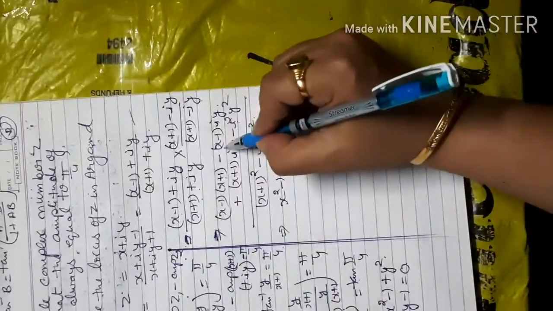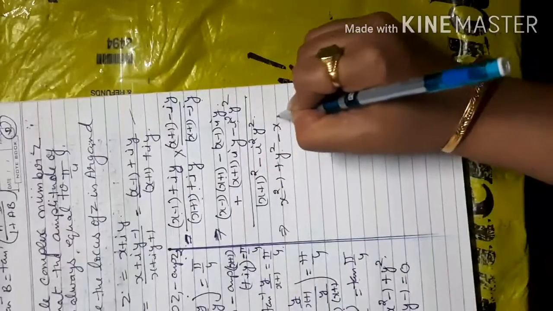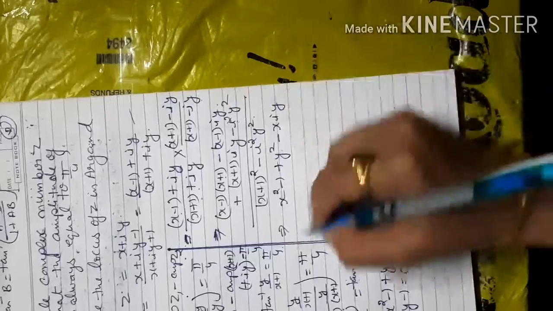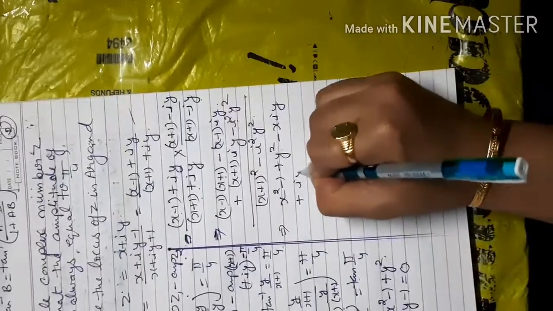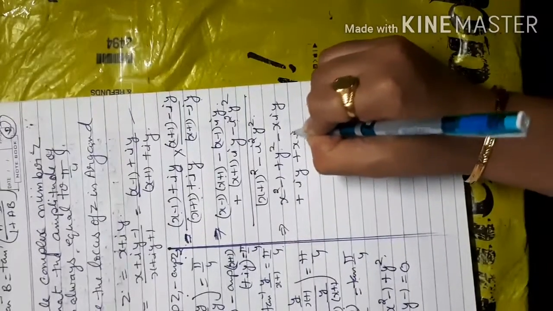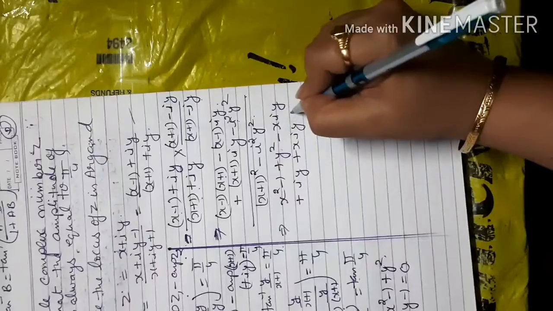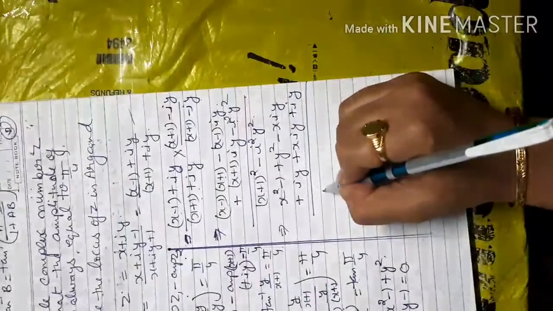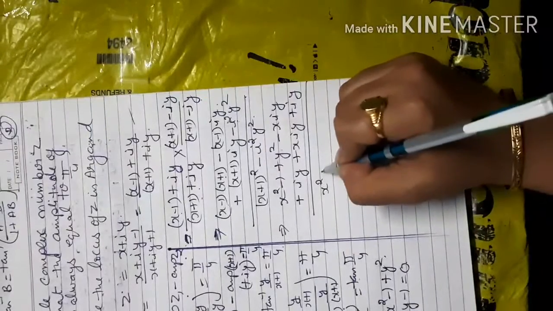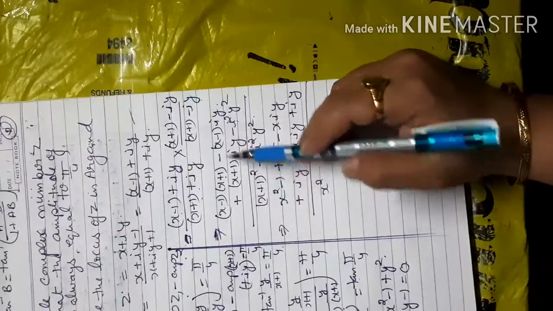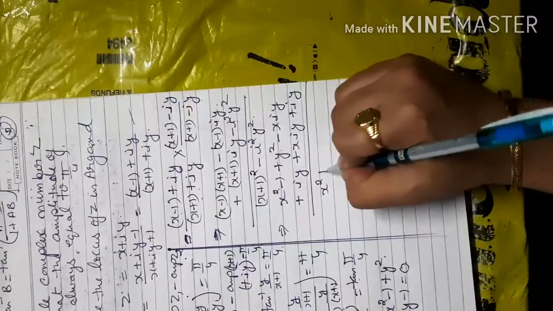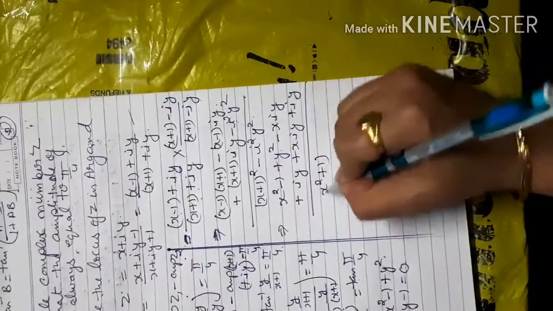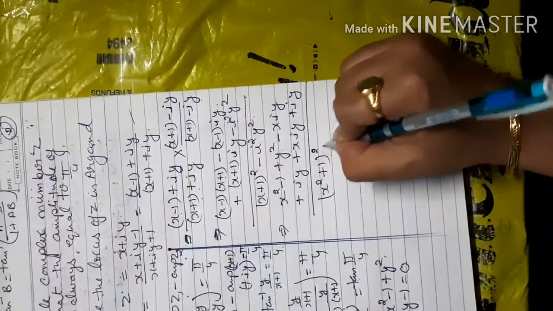So when I open this one, like minus x iy plus iy plus x iy, then plus iy, and in the denominator it will be x square plus 1, so I keep it as it is, whole square, so that will be easier for me.